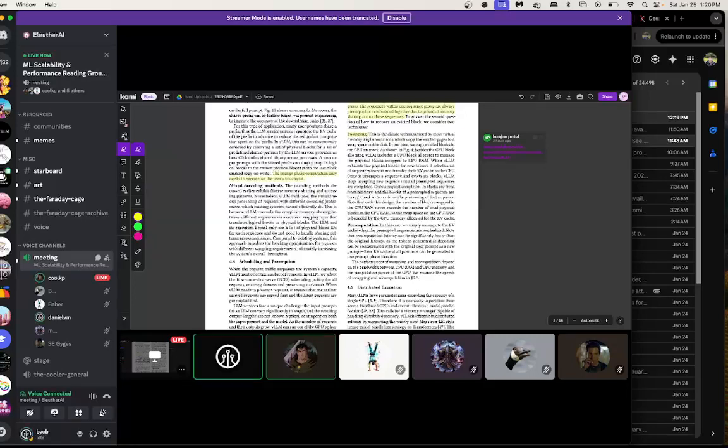I see. So vLLM exposes that application metric to Kubernetes, and how do you wire that up? Is there a horizontal pod autoscaler config where you define what metric to use and what the threshold is? Yes.